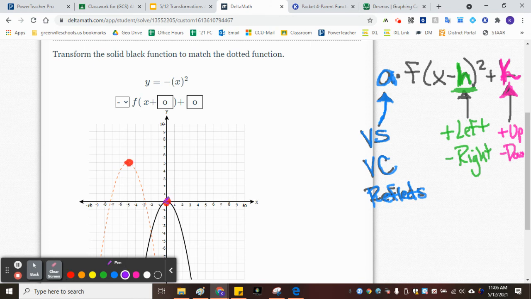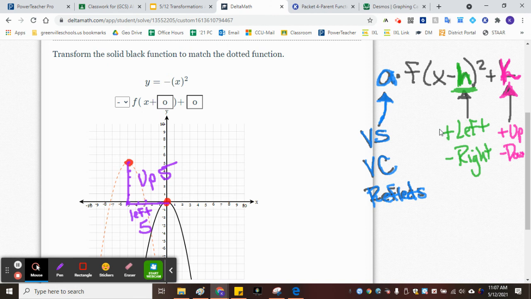So it goes first to the left 5 again, and up 5. So this point moves left 5, and this time it went up 5 as well. And you can count 1, 2, 3, 4, 5.